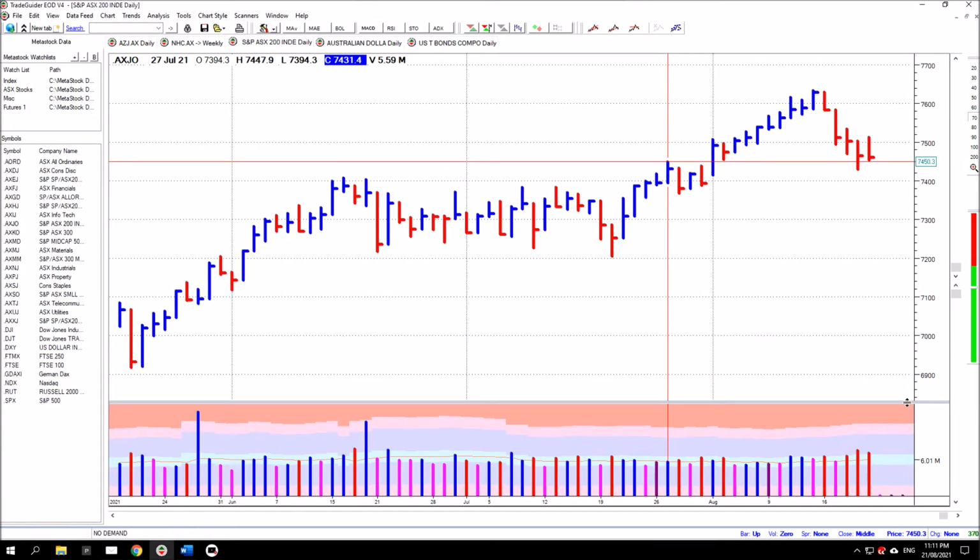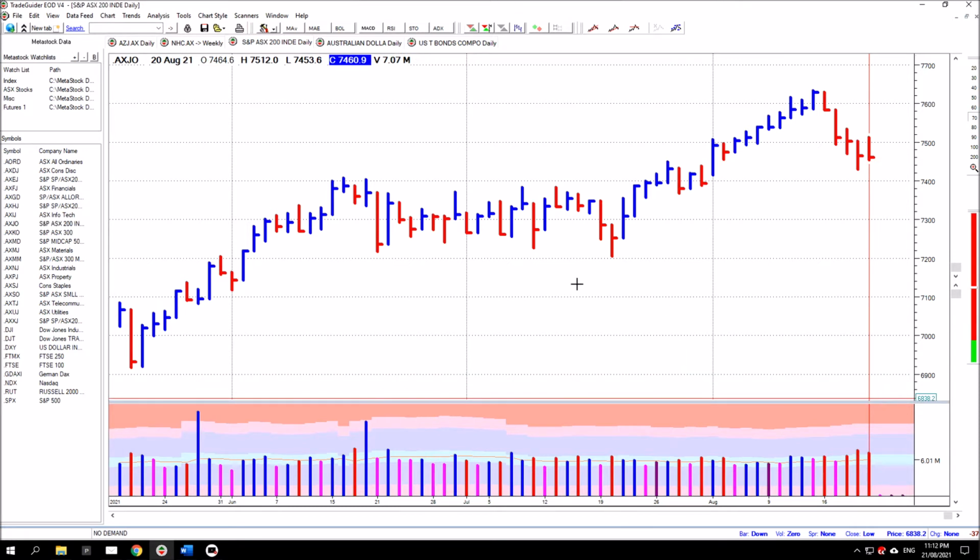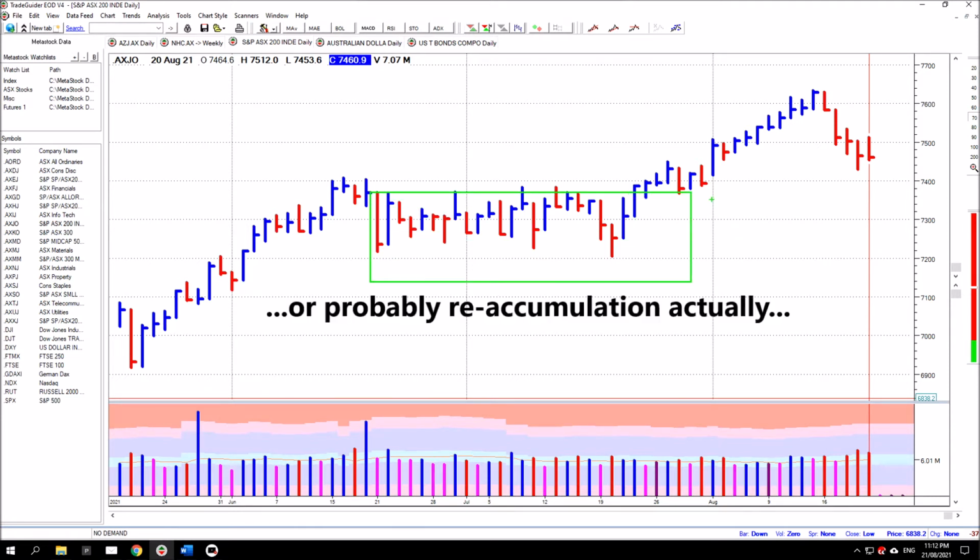Another example is the ASX 200. You can see this period here of clear accumulation. This is the breakout level just here.